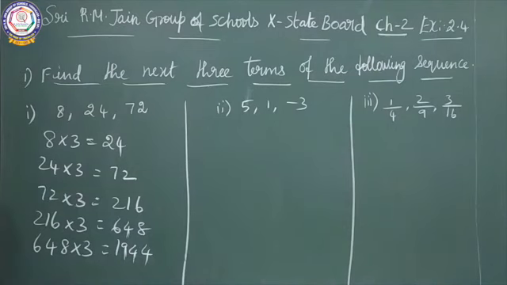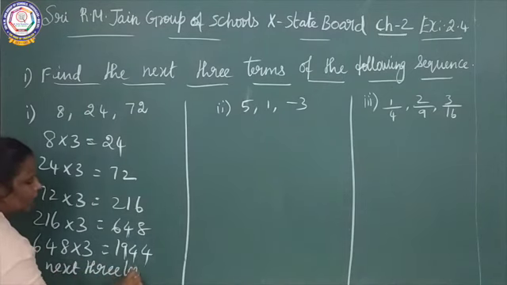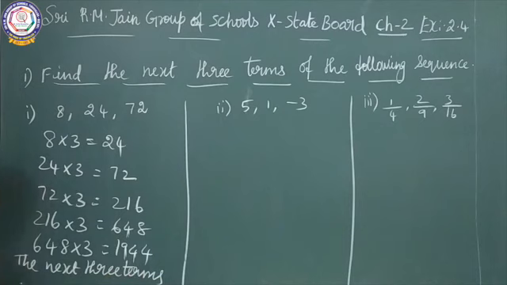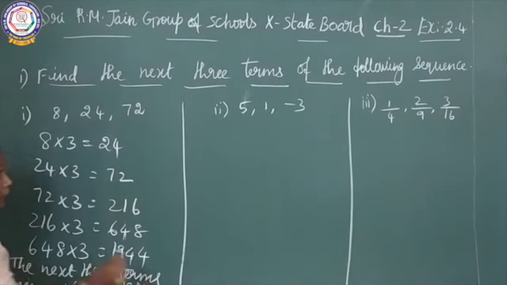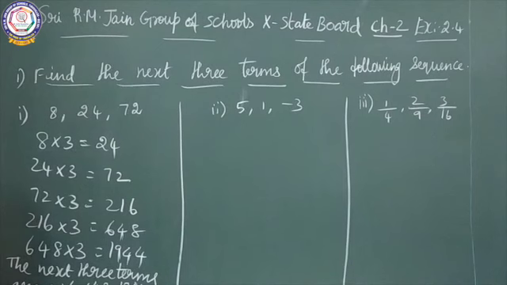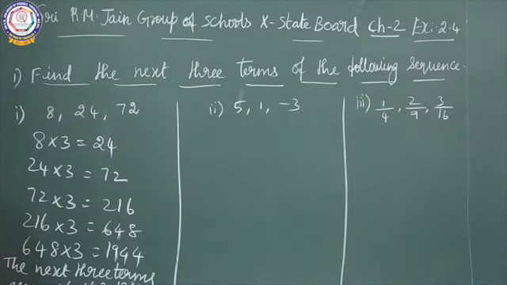So what are the next three terms? The next three terms are 216, 648 and 1944.